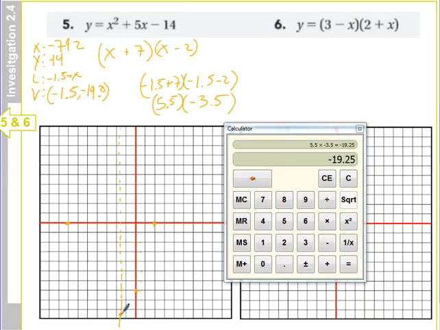Here's our point. And so here's our, oh, crud. It's 2.5. Half of 5 is 2.5. Oh my goodness, and I did this all wrong. So I'm sorry about that. And so that gets us -2.5. So it's 4.5 times 4.5.